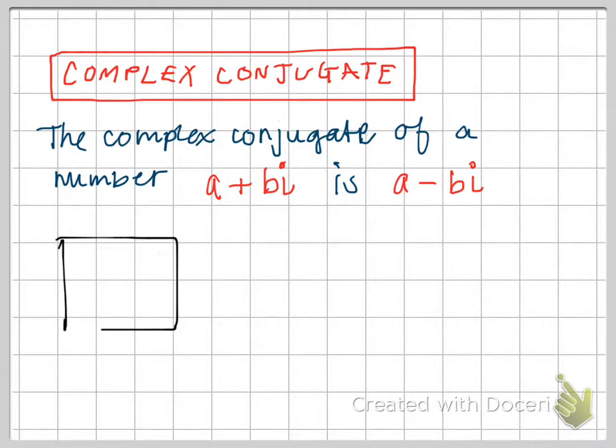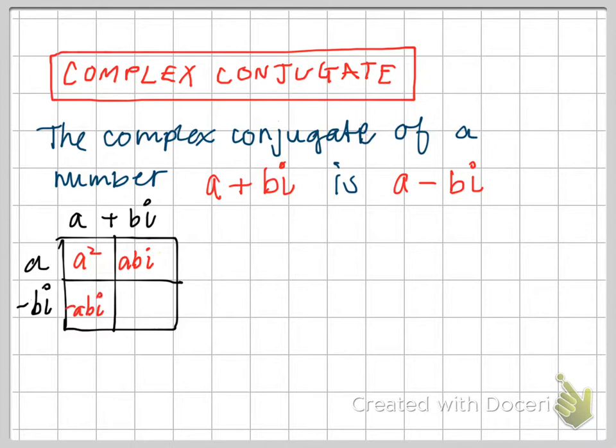So I'm going to multiply using the box and put a plus bi, a minus bi. So I get a squared, abi, negative abi, and negative b squared i squared.